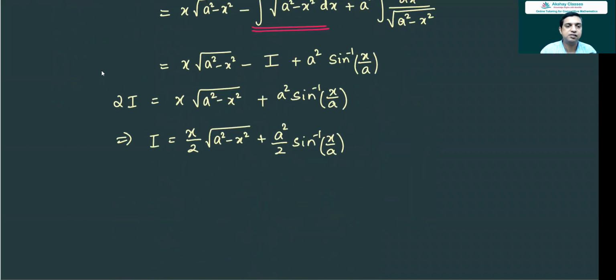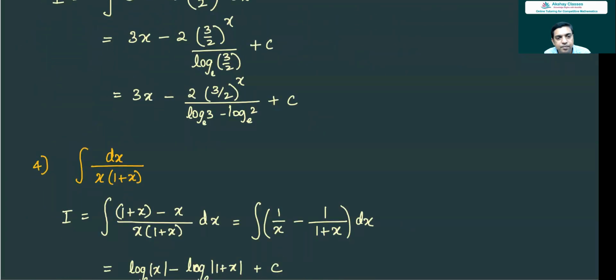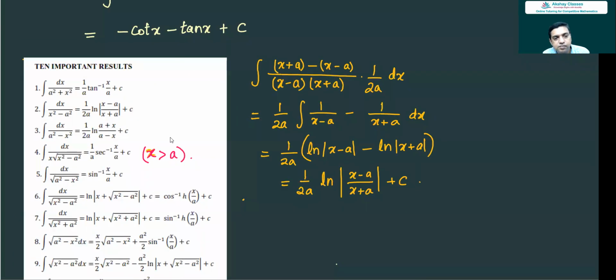Next, integral root of x square plus a square. Of course, for this, assuming that this previous integral is known, 6th and 7th.